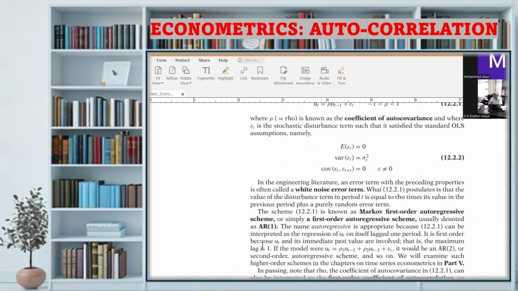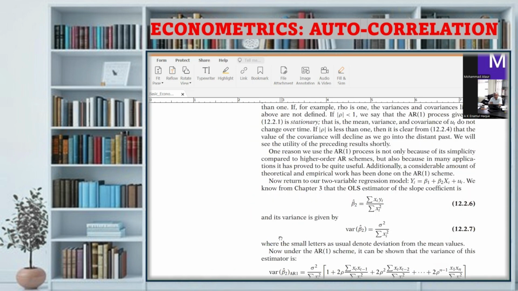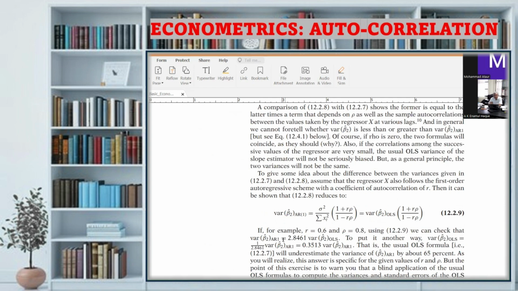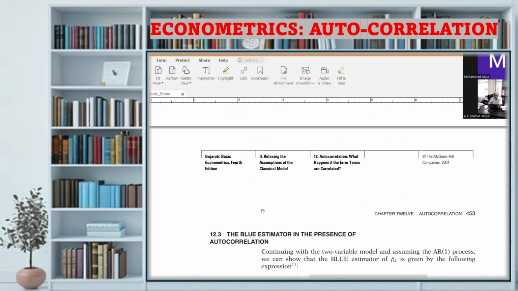Unfortunately, if I look at the original variance of B with OLS, it is sigma square divided by summation of x square.